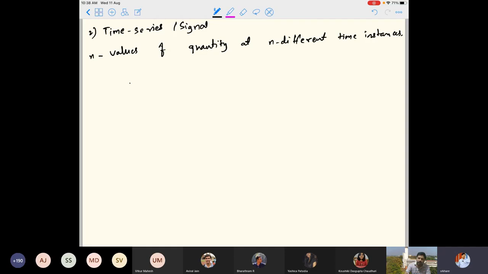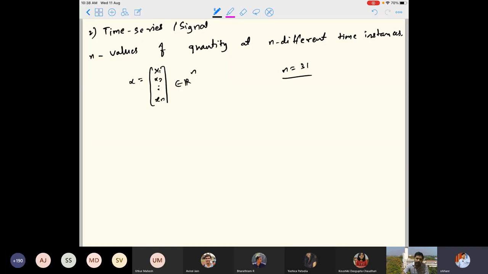So this is x, which is an n vector. So x1, x2 up to xn. This n vector holds values of a quantity. Say for example, a stock. In a stock market, n is equal to 31, so this is the month of August. In the month of August, what was the closing value of a particular stock?